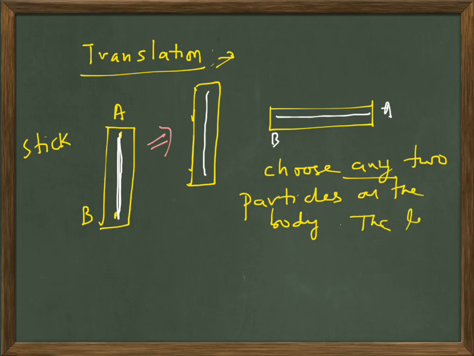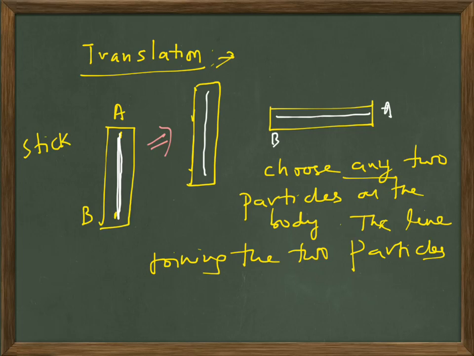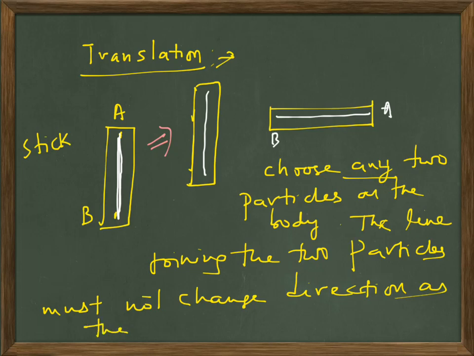The line joining the 2 particles must not change direction as the body moves. Then we say it is translation.